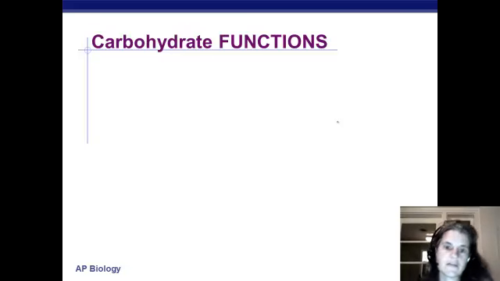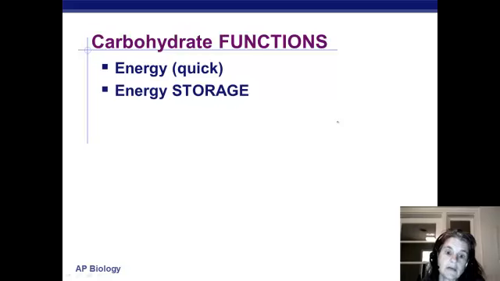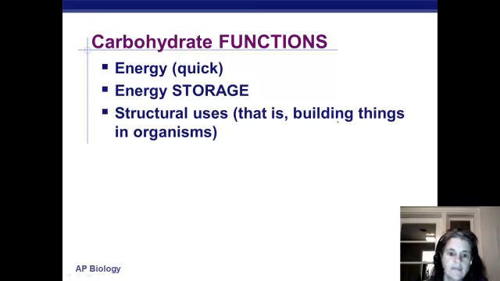Now, the functions of carbohydrates are as follows. It is a source for quick, immediate energy. It is also a way in which organisms can chemically store energy in their bodies for use later on. And it also has structural uses, meaning that it can be used to build bodies.